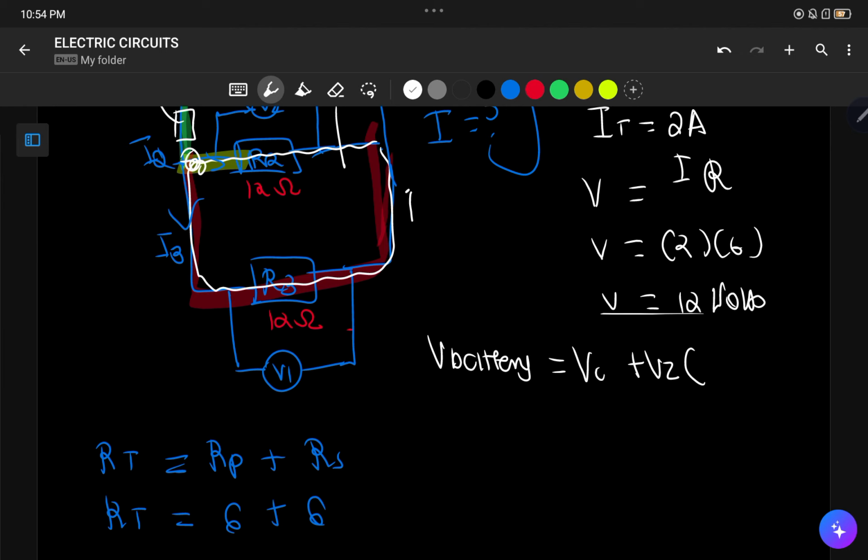And I said if resistors are in parallel, the voltage read by V2 will be the same as the voltage read by V3.